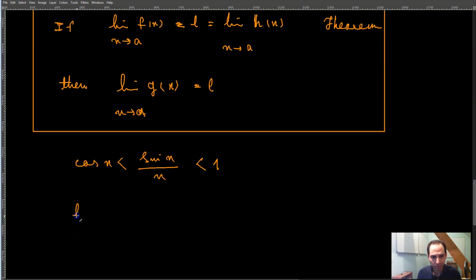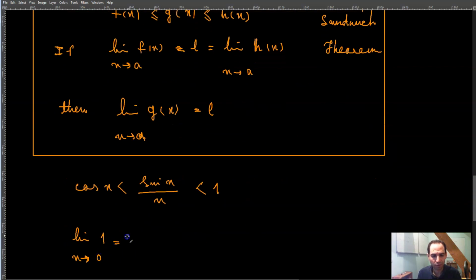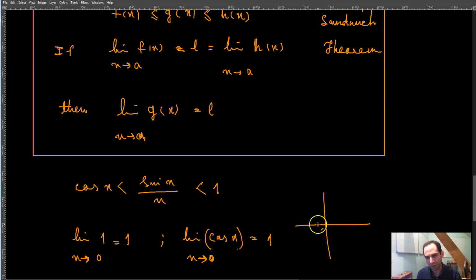Now you know that the limit of 1 as x tends to 0 is equal to 1 because it's a constant function, and the limit of cos x as x tends to 0 is also equal to 1, because the value of the function cos x at 0 is equal to 1, and the cos function is some function like this that approaches the value 1 here.